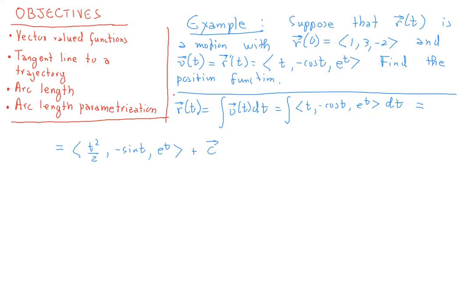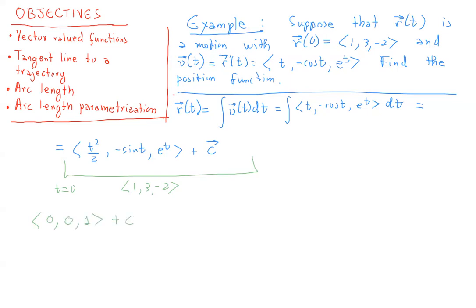And now we're going to ask that if we take this expression right here and we plug in t equals 0, then that should give us 1, 3, negative 2. So what does that mean? That means that if I plug in 0, I will get 0 on the first component, 0 on the second component, and 1.